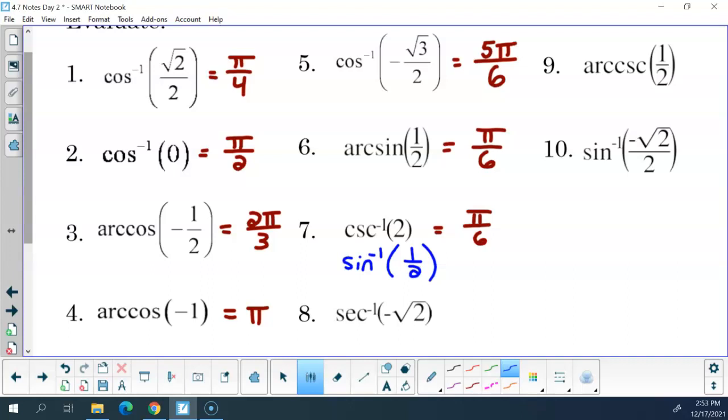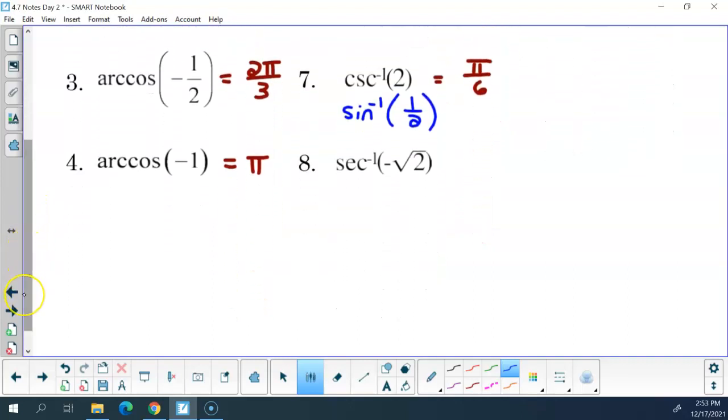Number 8. Secant goes with what? That goes with cosine. Okay? So I'm going to scroll down here a little bit so we get a little more extra space. So this is inverse cosine of what? -1 over the square root of 2, correct?